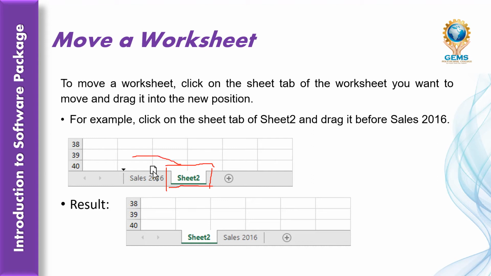The result shows that Sheet 2 is now before the Sales 2016 sheet tab. This is the way to move a worksheet to a different location in the workbook.